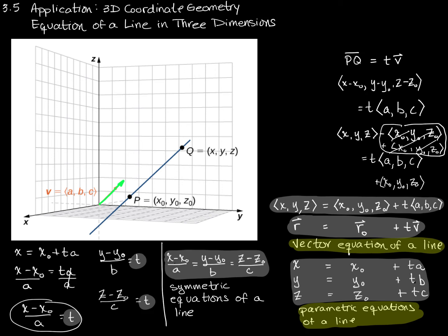And then I've got these written in this order for a very specific reason, and that is this. If you look above r, you see the vector that r is. If you look above r naught, you see what that vector is. And if you look above v, you see that vector. If you look below r, you see each of the components of r. R naught has each of the components of r naught below it, and v has each of its components below it.